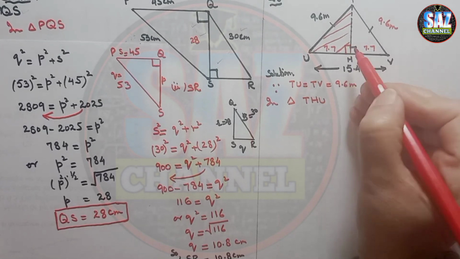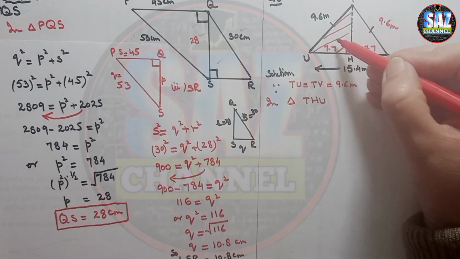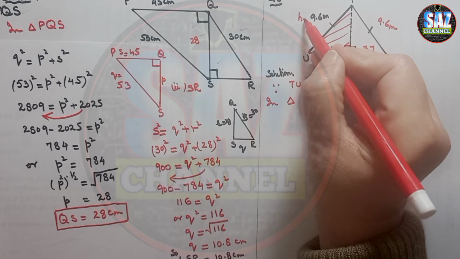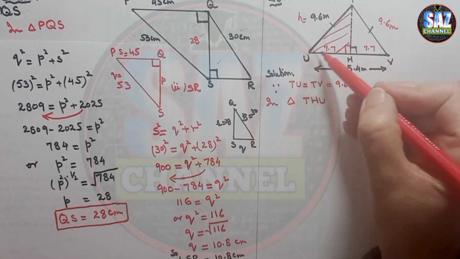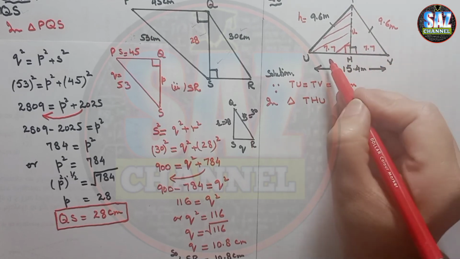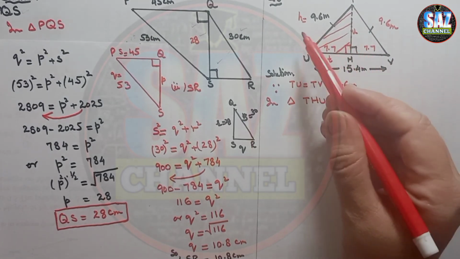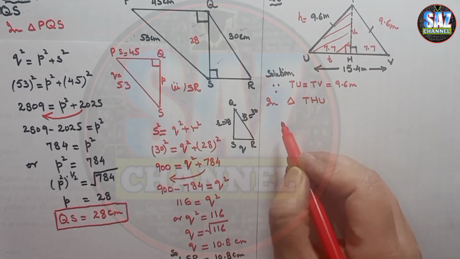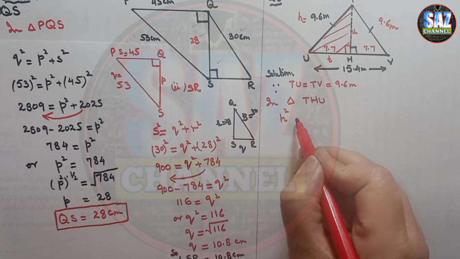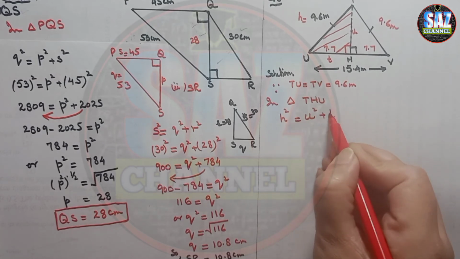The side opposite to this right angle will be the hypotenuse, and I will mark it with H, and this is U. I can mark it with small u, and this is T. Now we have to write the Pythagorean equation according to the requirement of the question. So H square will be equal to U square plus T square.